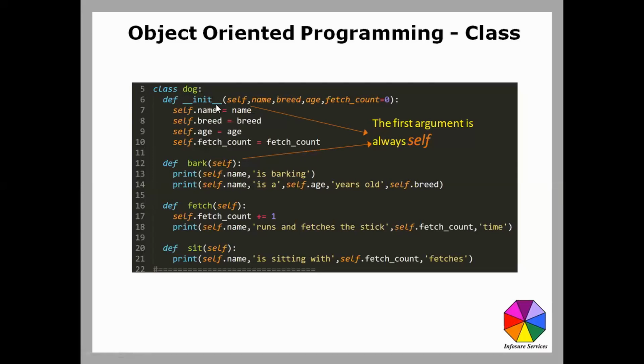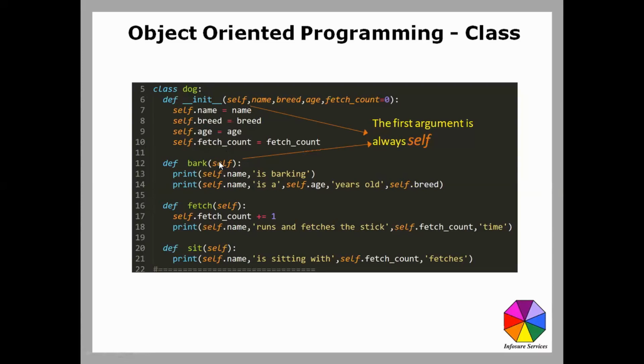That's the syntax of defining a class. I could have other functions, which are my other methods. A dog can have methods bark, fetch, sit, and so on. So def bark, I can pass this argument self. When asked what is self, self refers to the object at the time of instantiation of the class.